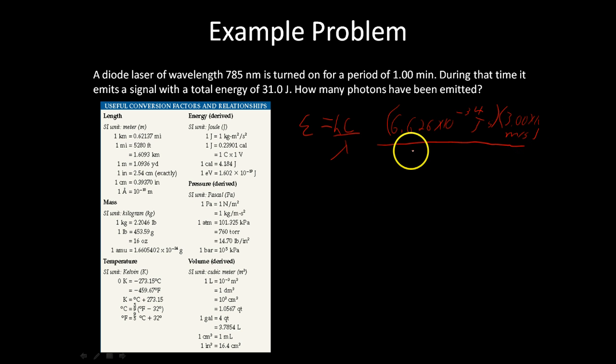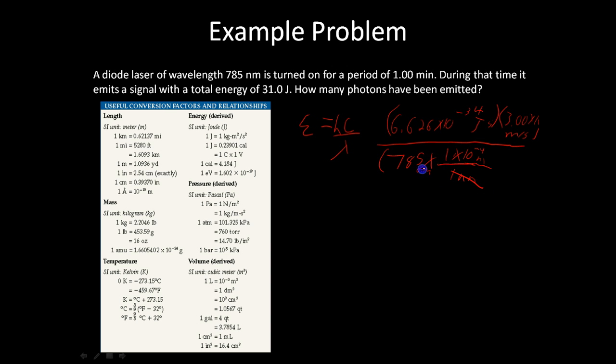And then on the bottom, we have the 785 nanometers. Remember, we got to convert it, so this is nanometers. We got to actually convert, so 1 times 10 to the negative 9 meters over 1 nanometer.